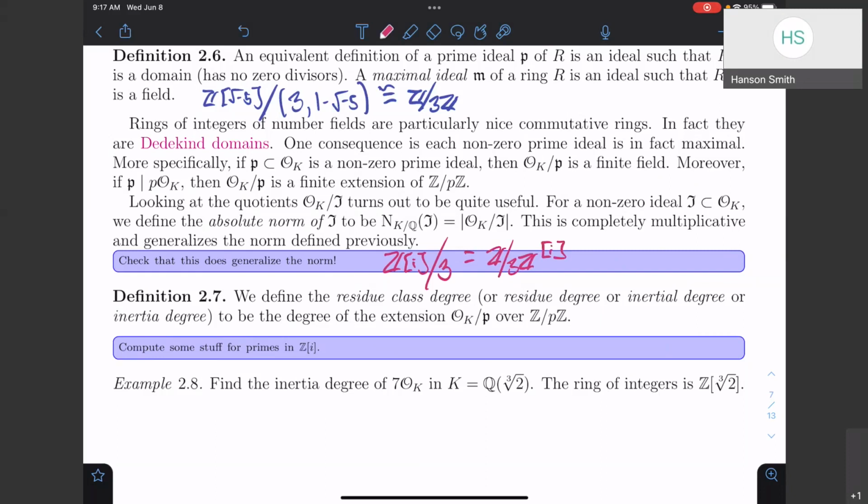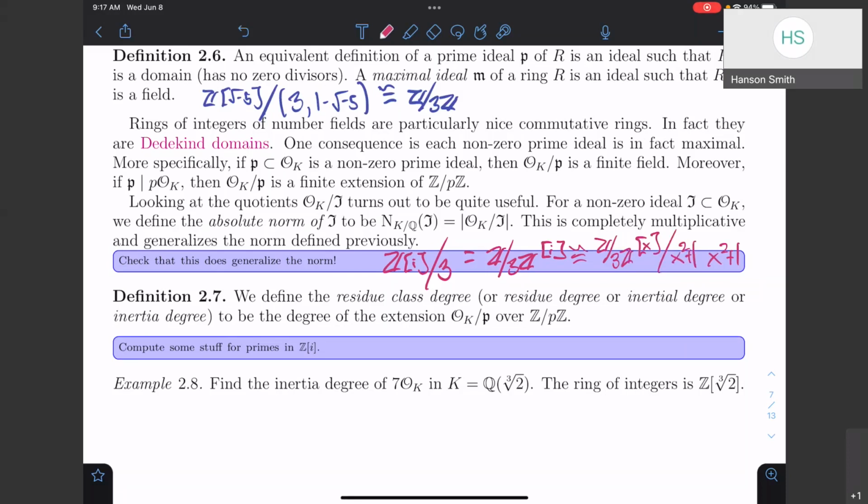Maybe i doesn't actually do anything here, but we can check that x squared plus 1 is the polynomial that i satisfies. So maybe another way to think about this is Z mod 3Z adjoin x modulo x squared plus 1.